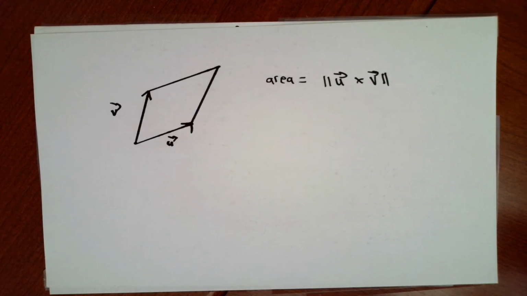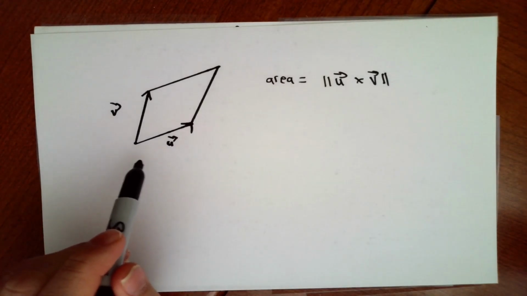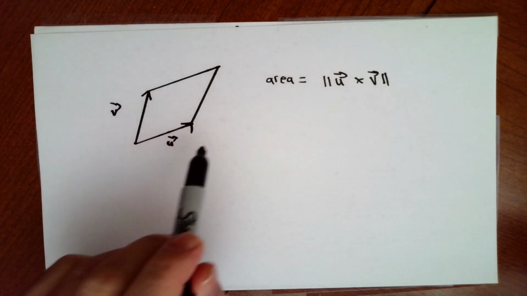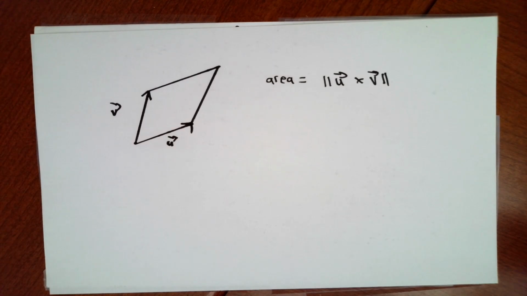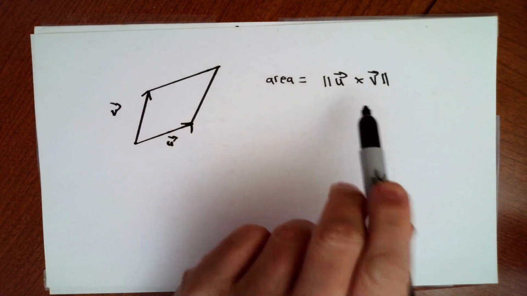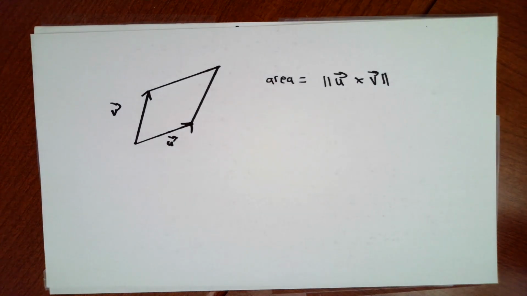If I have a parallelogram made by connecting two vectors u and v and forming the usual parallelogram, the area of that one is the magnitude of u cross v. If we know the components of u and v, we can easily calculate such a thing.